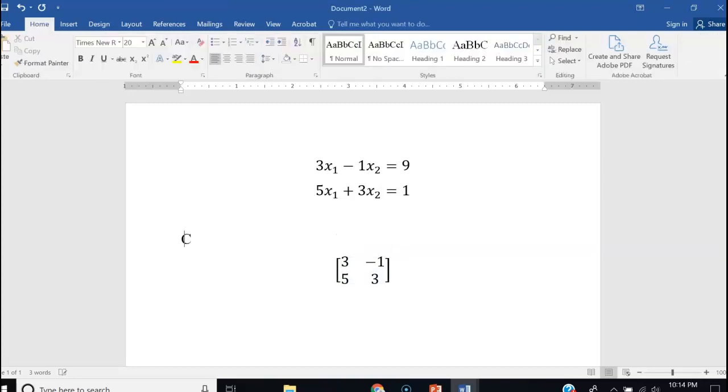We want all the coefficients of x1 in column 1, and all the coefficients of x2 in column 2. And the augmented matrix is going to be very similar.